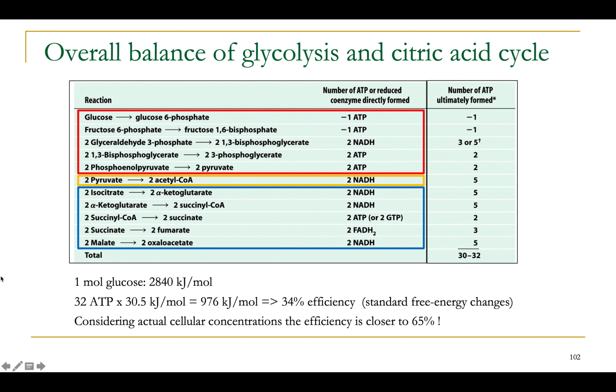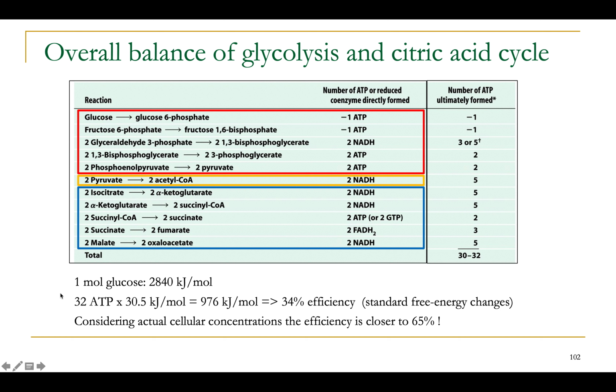And if we just try to consider the efficiency of this energy conservation, as we discussed, at the standard conditions, the burning of glucose with oxygen would produce approximately around 3000 kilojoules per mole of energy.